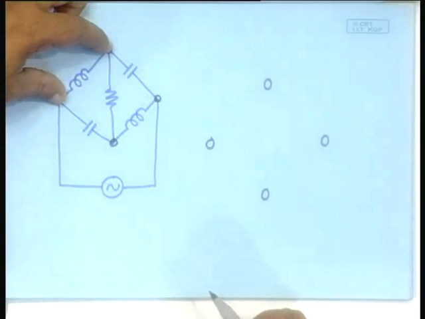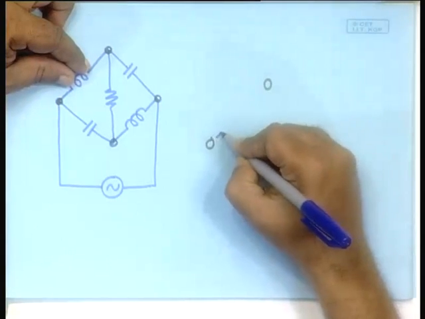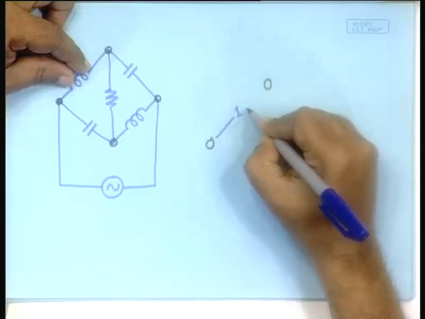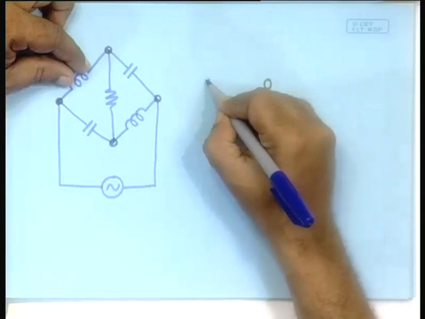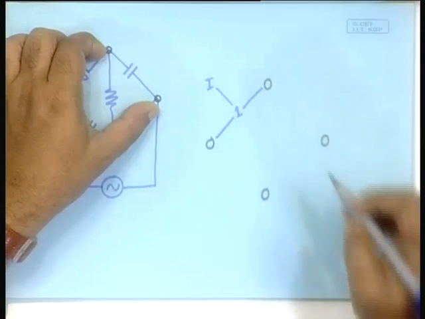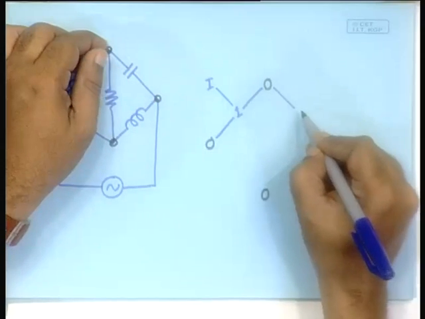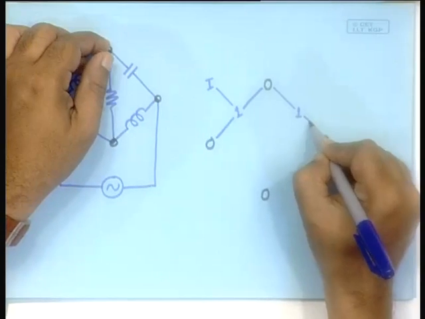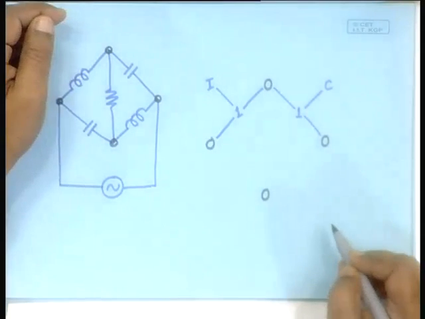In between, this is connected, so we will connect them by 1, and what is connected to it? An I element. In between these two, there is a capacitor, so that is connected in series between these two, that will be our line of logic, and that is connected by a C element.